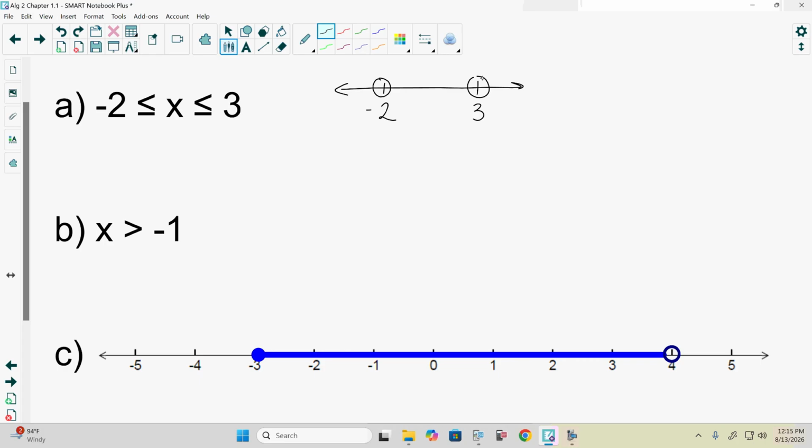Is -2 included? Yes, because it has that equal sign underneath it. It is included. So if we were graphing it, we would fill it in. Is 3 included? No. And because x is in the middle, we shade in the middle.